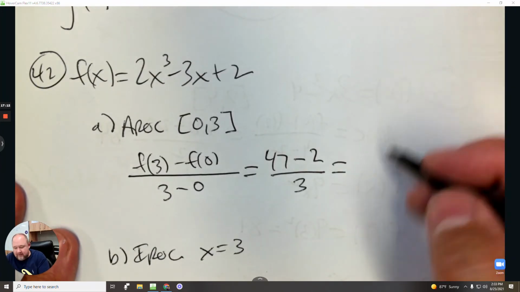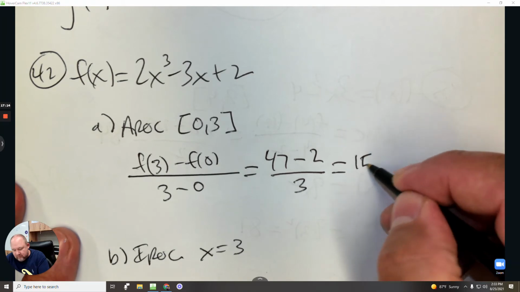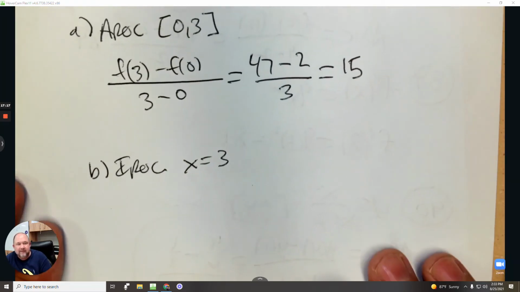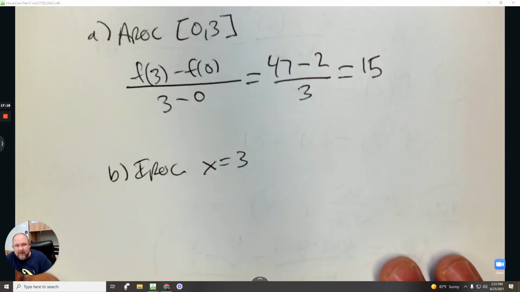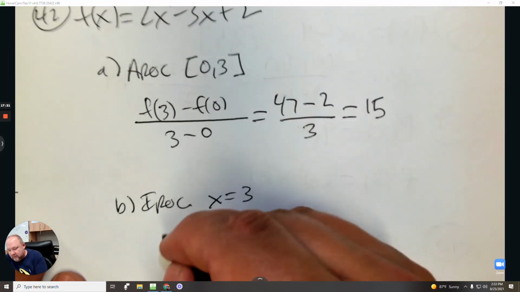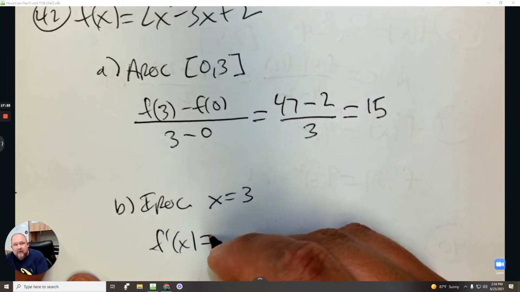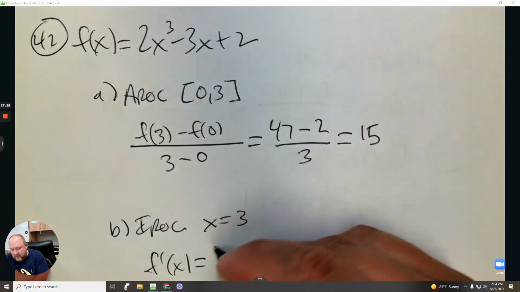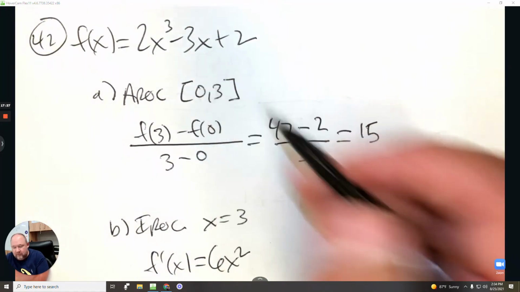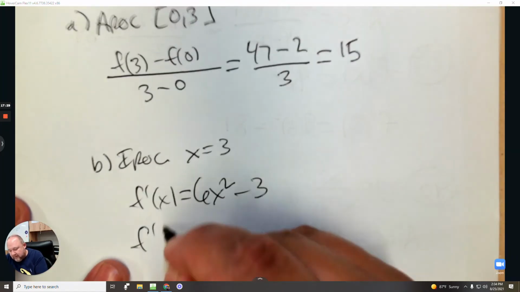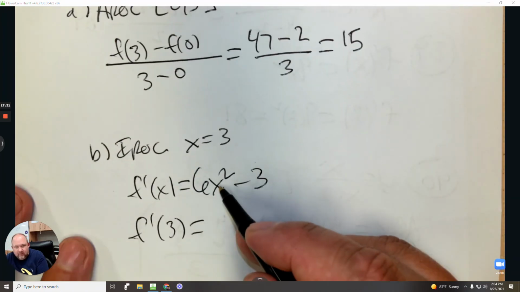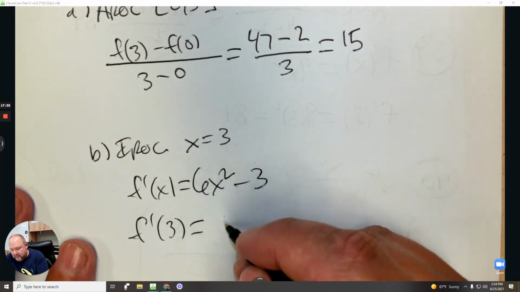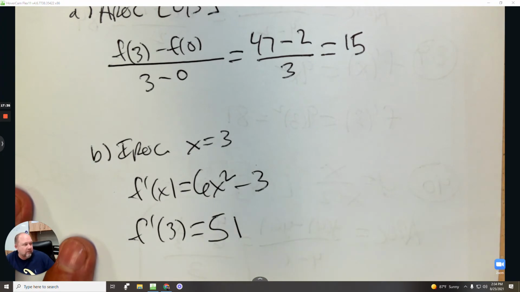And then put it together. 47 take away 2 is 45, divided by 3 is 15. The IROC of that is you take the derivative, so that is 6x squared minus 3, and then you plug in 3 into here, and that's 54 take away 3, and you get 51.